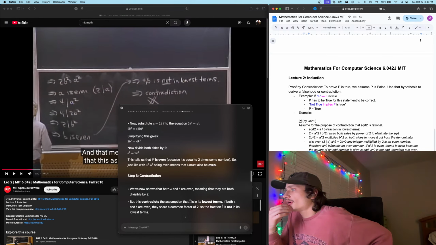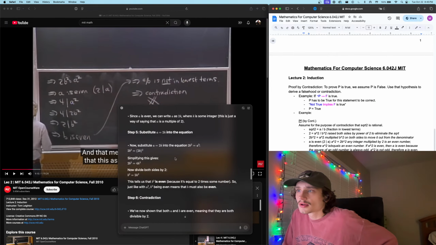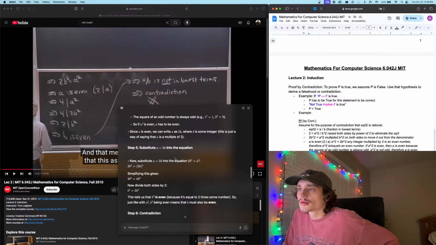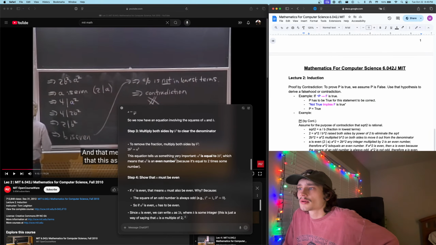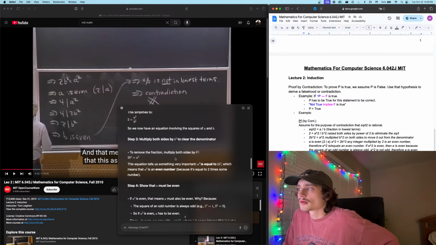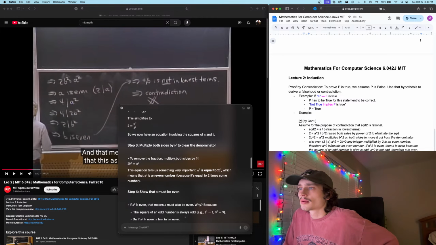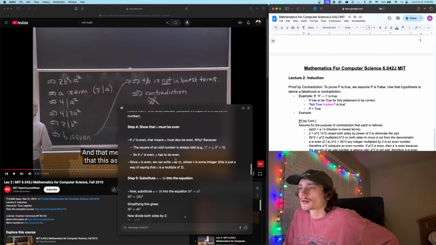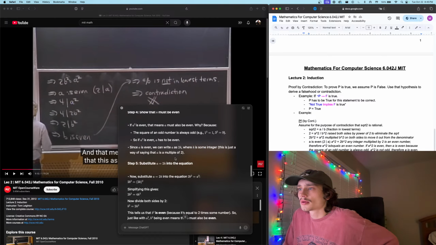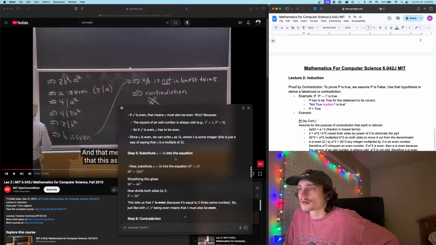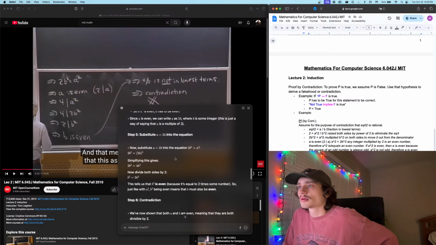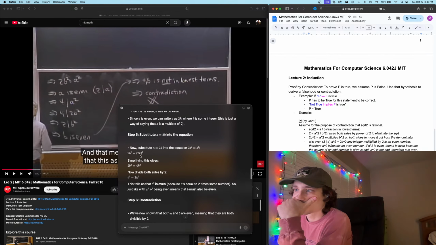So a squared, which is 2a, why, I don't get this part. So b is 2k.